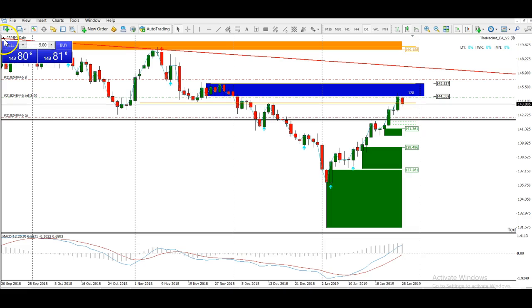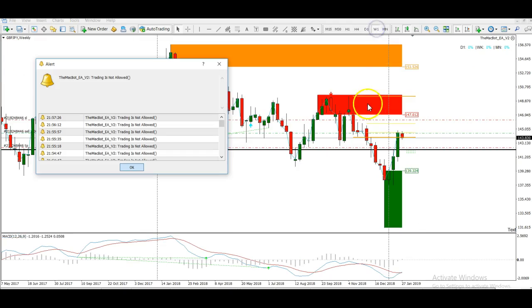Okay, so I'm just going to explain what's actually happened here and why I've gone for it and why the trade was activated. You can see we've had a trading zone here on the daily charts.